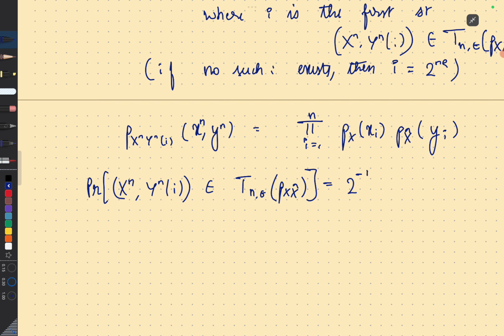It's roughly 2 to the minus n times the mutual information between x and x hat, plus something very small.